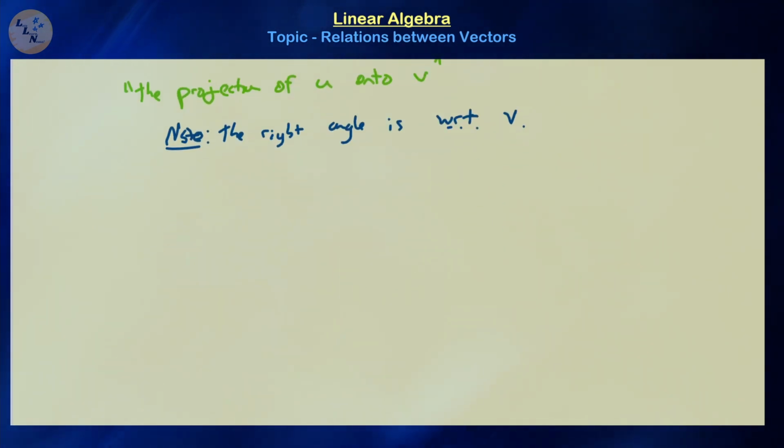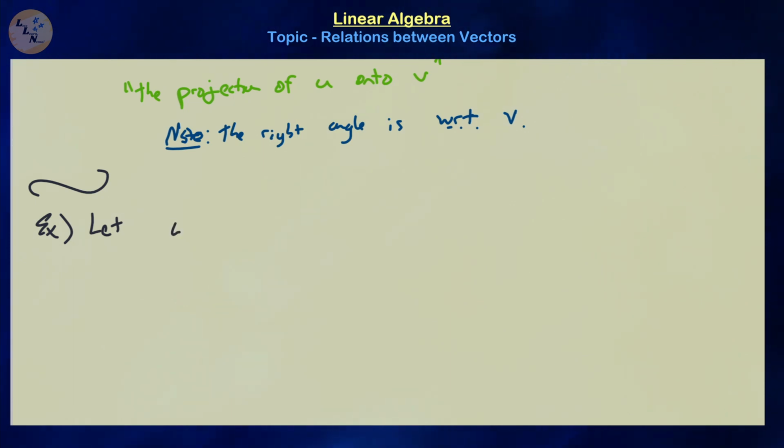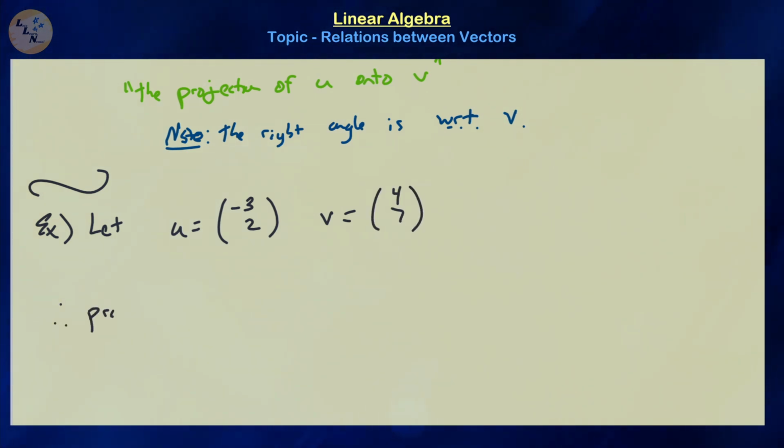All right, so let's do a little numerical example just to illustrate how to calculate a particular projection vector. Let's assume we let u be the vector -3, 2, and let's assume v is the vector 4, 7. So let's calculate the projection of v onto u.